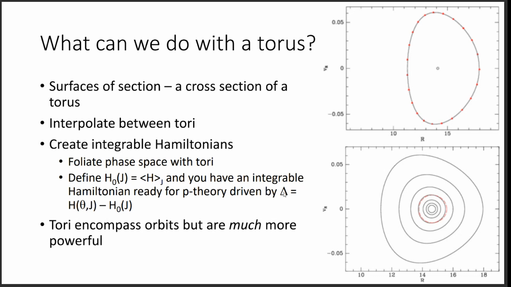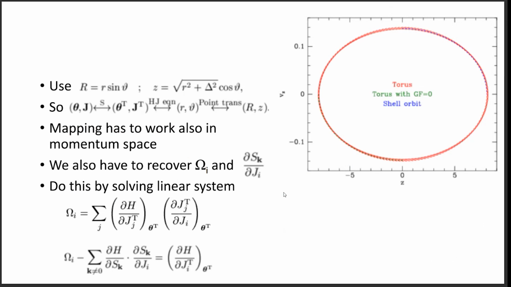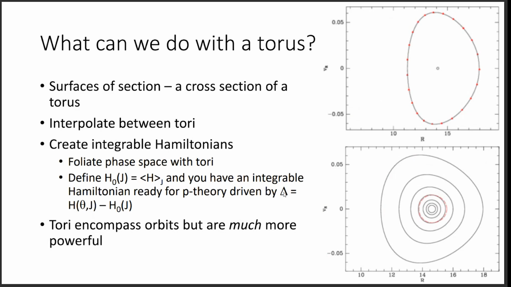But the point is that we have an expression for our torus in terms of the S's and the dS by dK's, and there's nothing to stop us just doing linear interpolation in actions of these objects. And this diagram is illustrating that when you do that, you generate the coefficients to quite high precision of a torus that you could have constructed at that location from first principles.